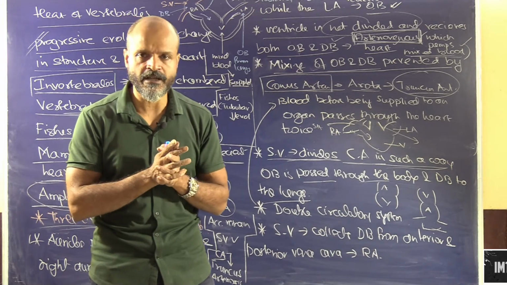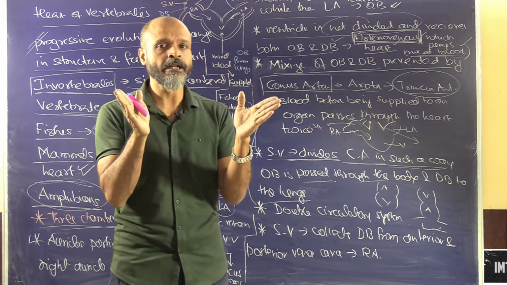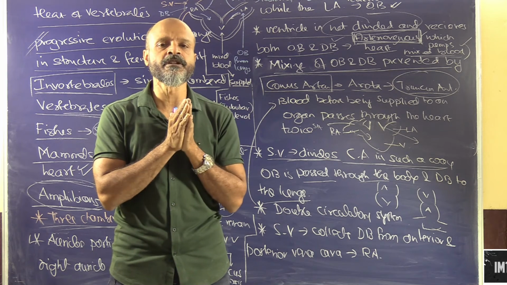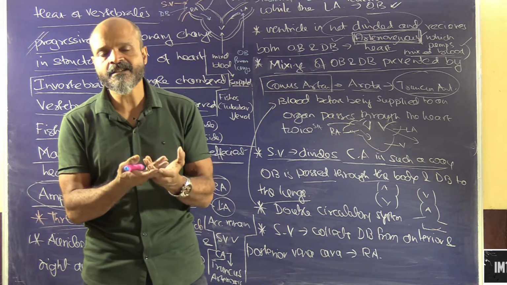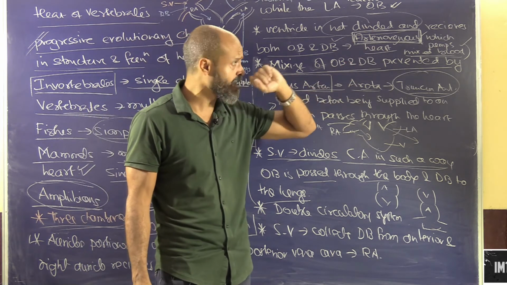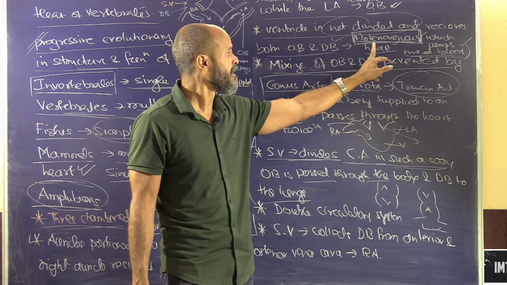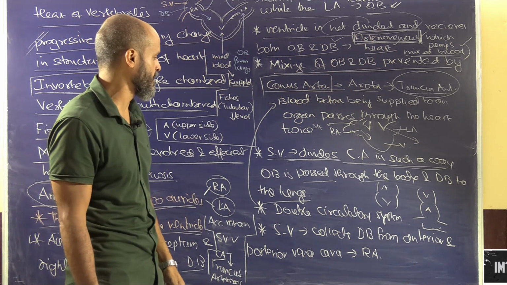The ventricle is not separated by any kind of septum as we have in case of auricles. So in auricles the oxygenated and the deoxygenated blood do not mix, but in the ventricle they mix. This mixed blood is supplied to various organs of the body, and this is known as arteriovenous heart. So arteriovenous heart basically means mixed blood being supplied to all parts of the body.